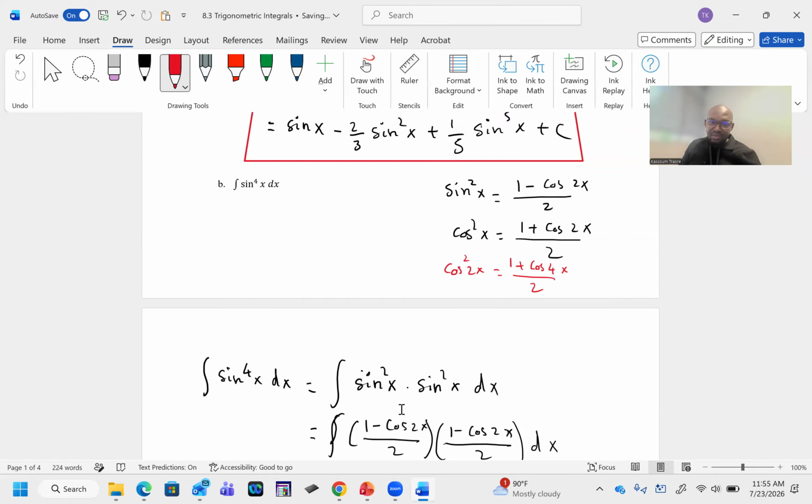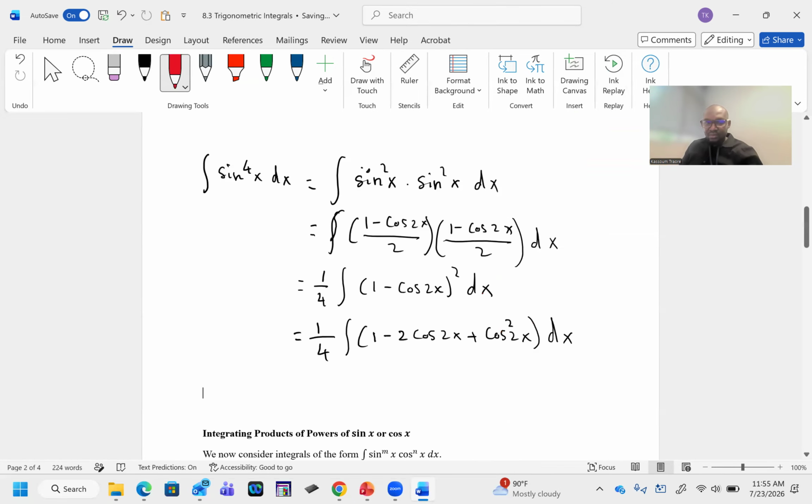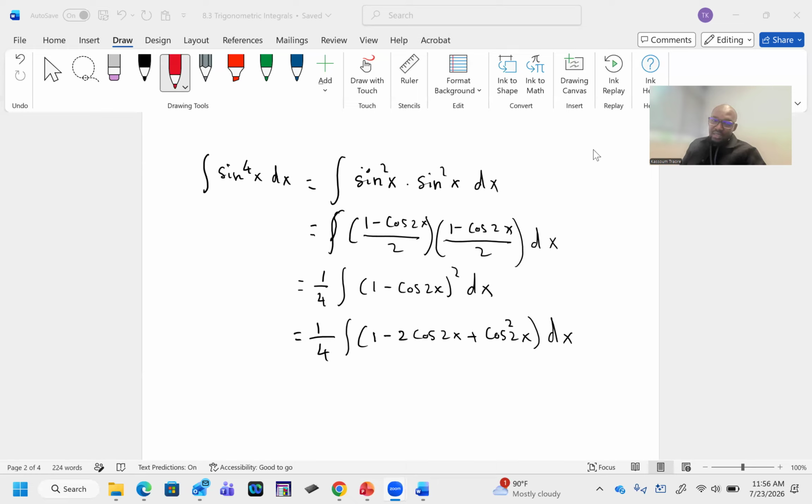So that's what I will do next. I'm about to change this one, because I know this will be 1 plus cosine of 4x divided by 2.